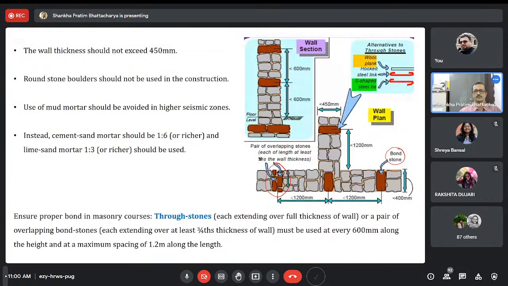That should be arrested. If that is not possible, one stone like this and one stone like this can be used. This lapping will arrest the continuity.